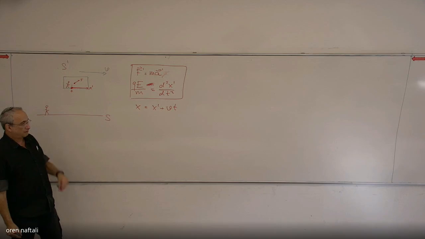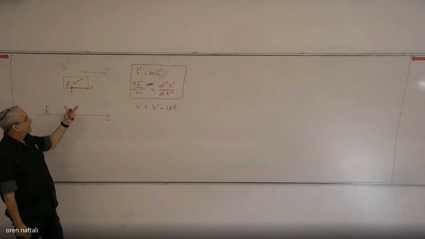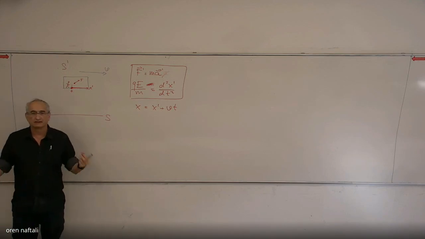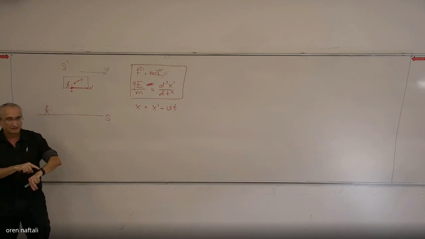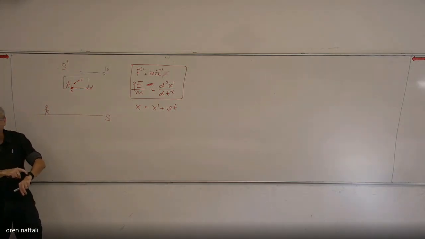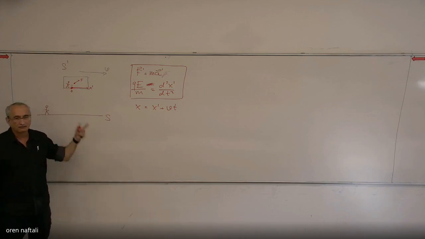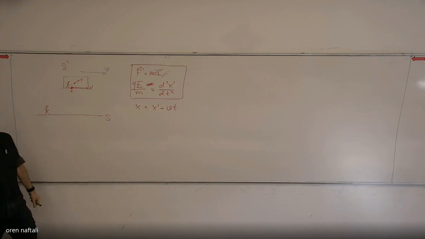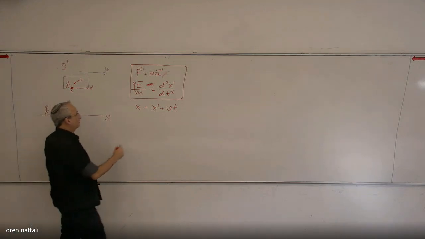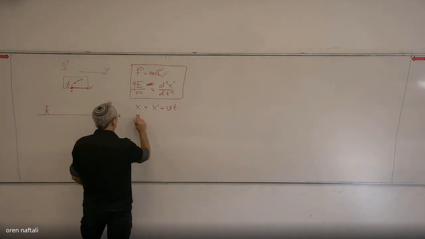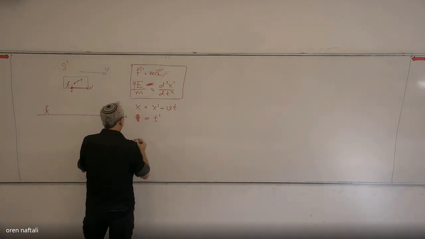And we also assume that the time is independent of the frame of reference. So the pace of time on my watch is the same as the pace of time on the watch of the guy sitting in the spaceship, and therefore t is equal to t prime.